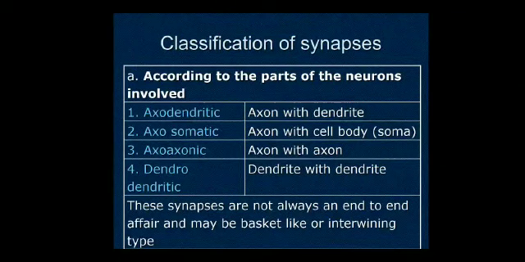If the synapse is formed on the soma of the postsynaptic neuron, it is called axosomatic. And a few dendrites form synapses with the dendrite of the postsynaptic neuron. So these are the different types of synapses. Out of these, mainly you will see axodendritic type of synapses.